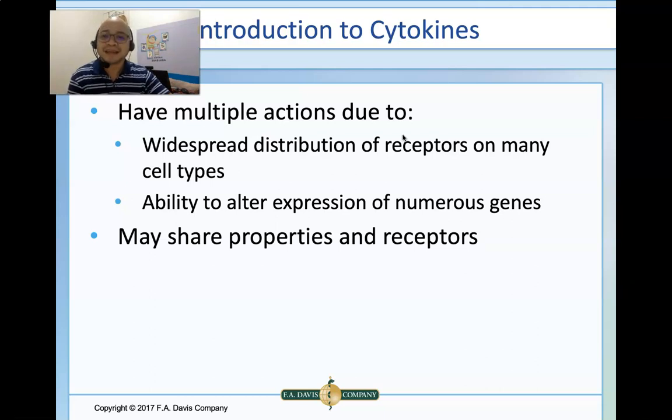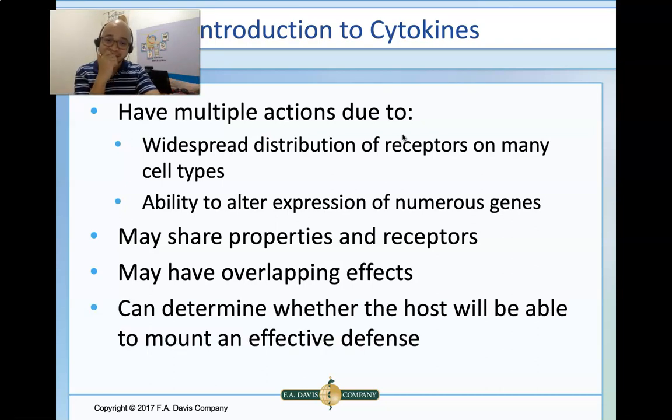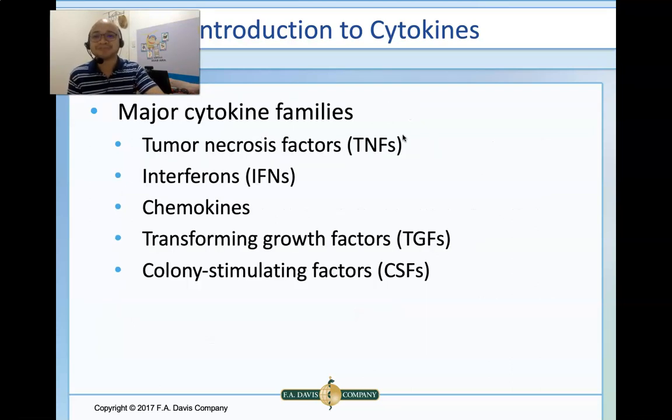Cytokines may also share properties and receptors, and they may have overlapping effects. So that's the reason why we have the principle of pleiotropy and the principle of redundancy. And cytokines can also determine whether the host will be able to mount an effective defense, let's say, against a certain pathogen.